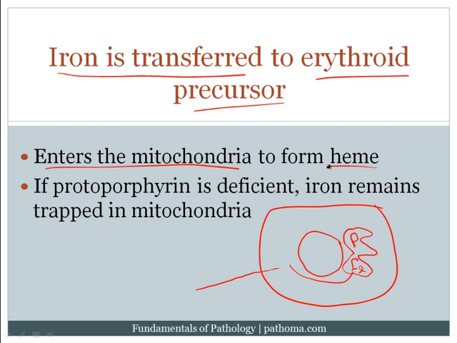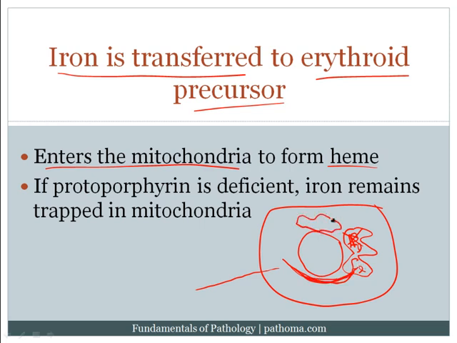Now let's pretend for a minute that protoporphyrin is deficient, so that we're not making protoporphyrin. If we're not making appropriate protoporphyrin, iron will enter into the mitochondria and will be trapped there. It has no way of getting out. And when iron gets trapped within the mitochondria, it's going to pile up, because iron is going to continue to come in, so more iron and more iron and more iron will come into the mitochondria.